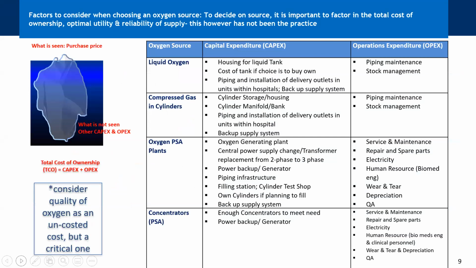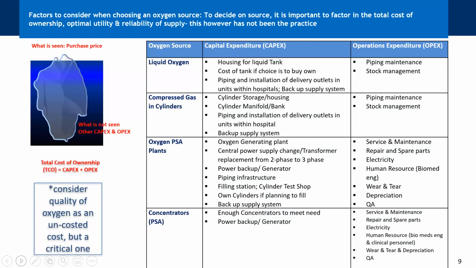So I was going to go through this slide, but I think it's important to just give a sense of what it means when we talk about being able to raise resources to provide this supplemental support to counties. It includes two levels of support. One is the capital expenditure. When you talk about liquid oxygen, we are talking about a tank, piping, installation, delivery outlets. When you talk about cylinders or manifolds, you also have to do piping.